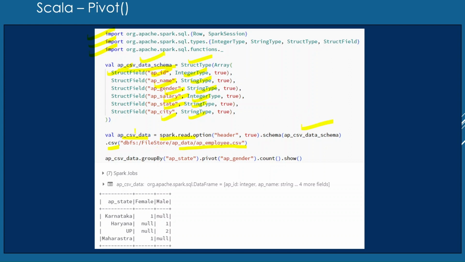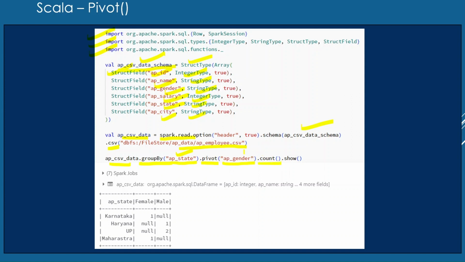Once this data frame gets created, we can apply a groupBy function on AP state. So this data frame's data will be grouped based on the AP state column. Now on this grouped data, I am implementing this pivot function. What will the pivot function do? It will convert the AP gender values into columns and put the count as a value.